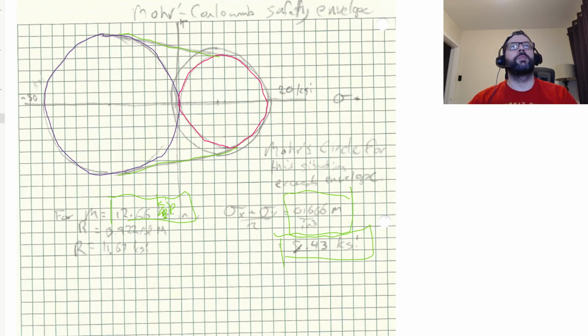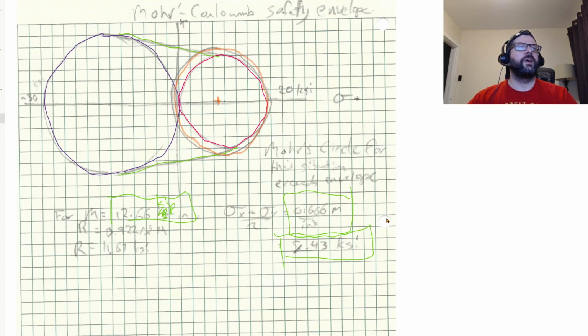So when we plot that on here, it's got a center here, and it looks like about that.